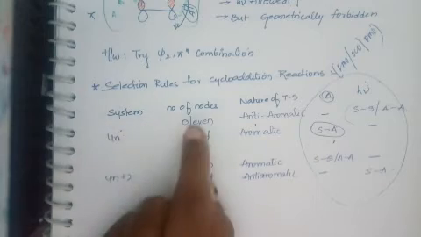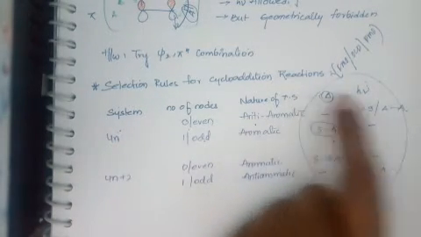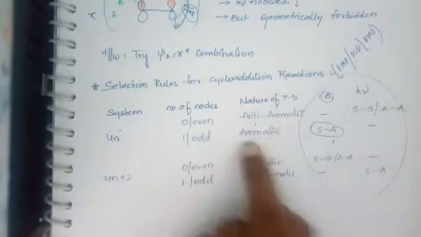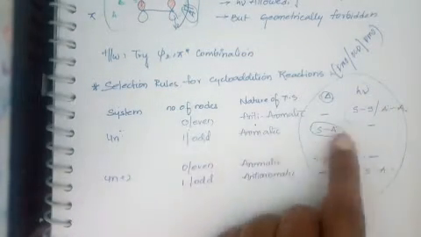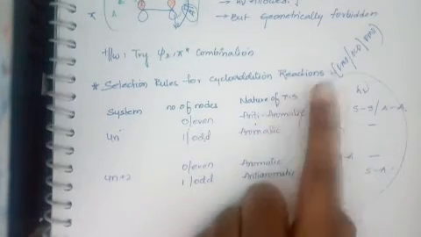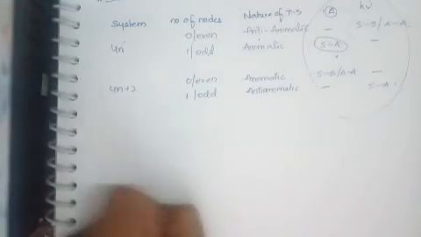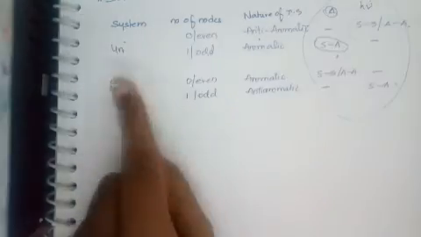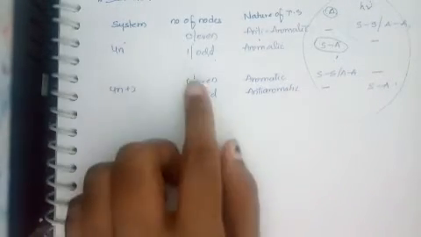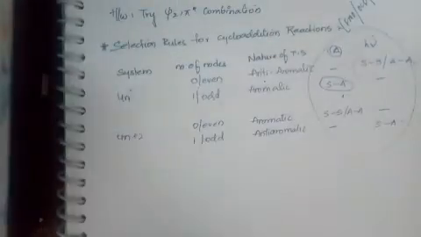So a 4n system with even number of nodes, you will be getting anti-aromatic undergoing supra fashion. As it is anti-aromatic, it is allowed in the photochemical condition. Here as it is aromatic, undergoing supra antara mode is showing an aromatic transition state, so it will be allowed under thermal condition. So in the same way, when you take a 4n+2 system, 0 or even number of nodes is aromatic, odd number of nodes is anti-aromatic.